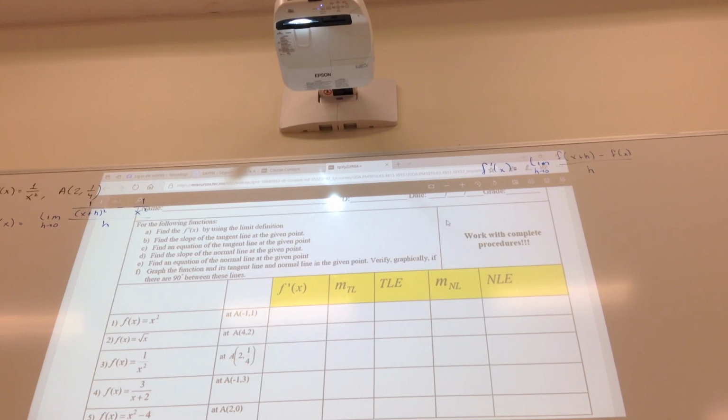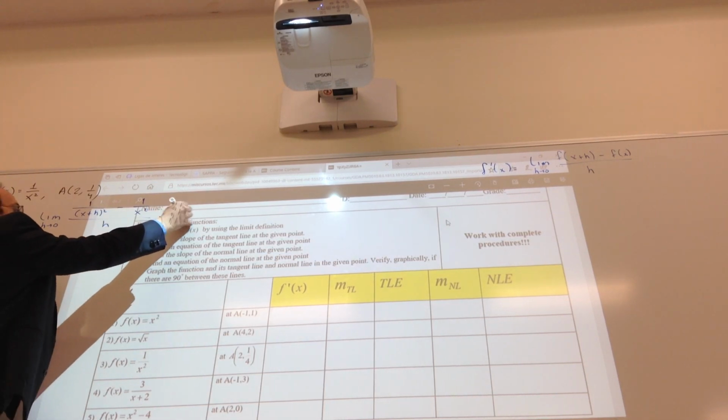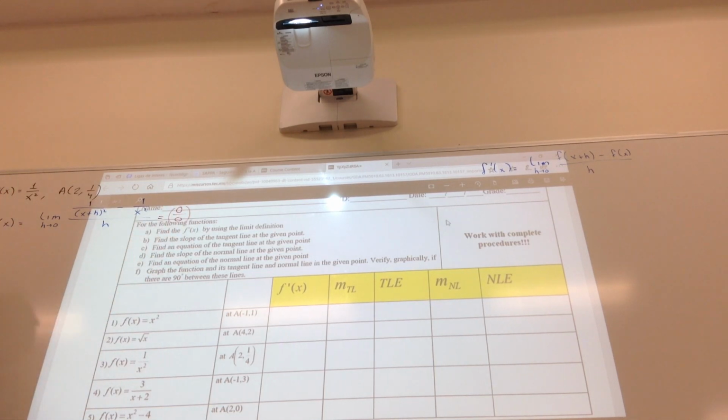Remember, if I want to apply the formula, the first part is to take that function and substitute every x by x plus h. That's the first part. Minus f of x, the original one, over h. Yes? Okay. Now what? Before that, it's equal to what? 0 over 0. Yeah.